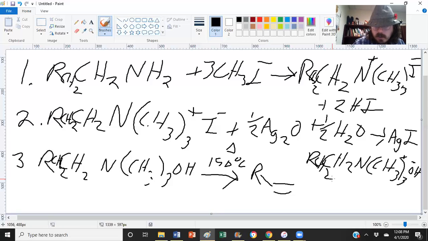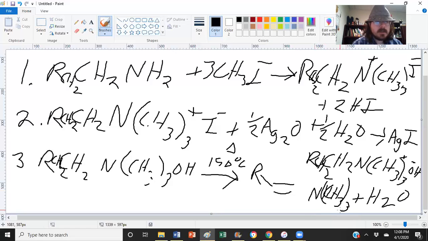We're losing a hydrogen to form water. We're forming trimethylamine and water. So we're forming very good leaving groups that induce this beta elimination.